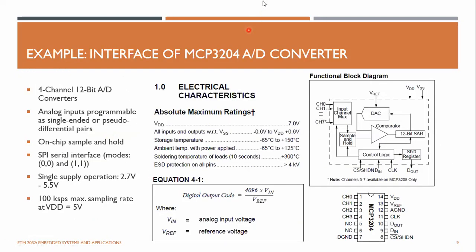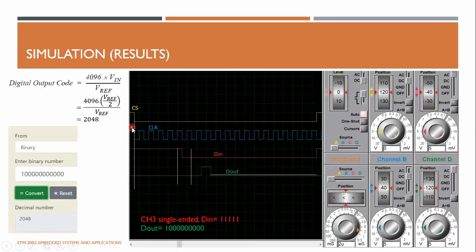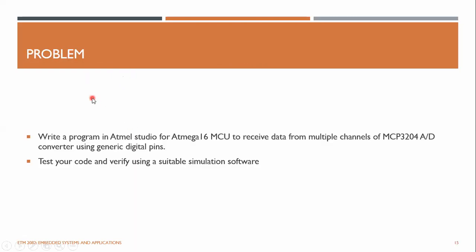I have explained how to use this MCP3204 ADC converter, and how to get the ADC reading. So I would like to give you this problem. You have to write a code in Atmel Studio using the Atmega16 microcontroller to receive the data from multiple channels of this MCP3204 analog to digital converter using generic digital pins.